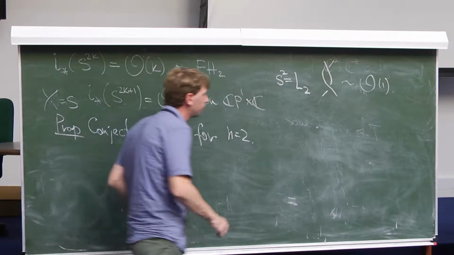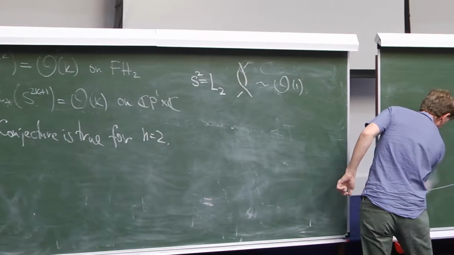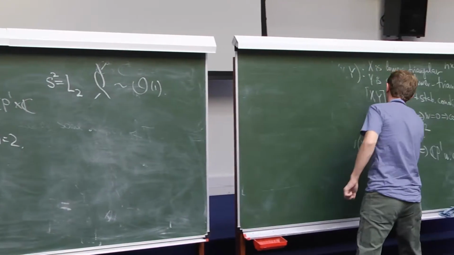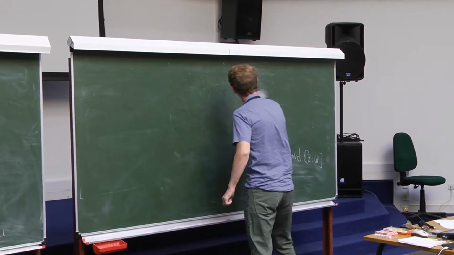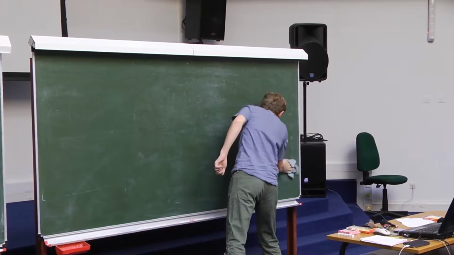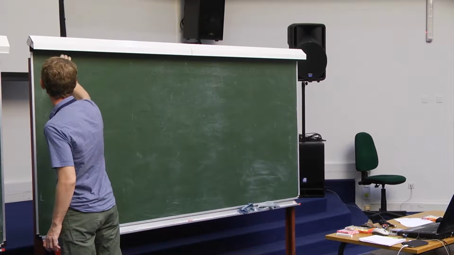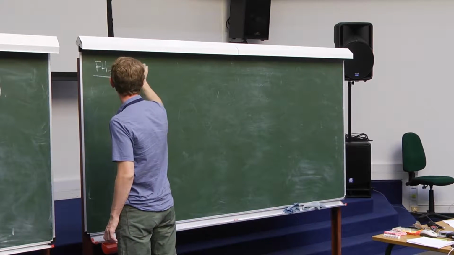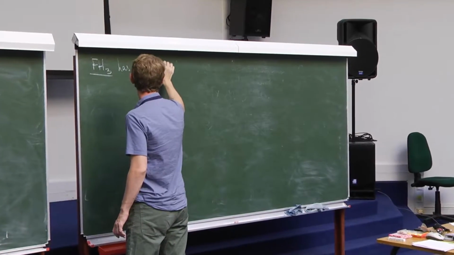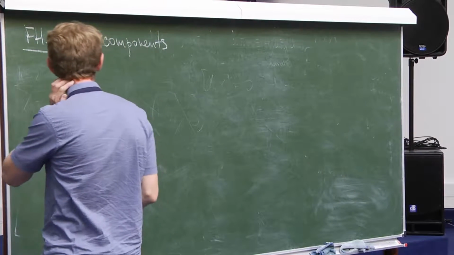So a more interesting example is for n equal to 3. I don't want to do a complete description. FH3, in fact, has 5 different components. So here we have 2 components, and there will be 5.